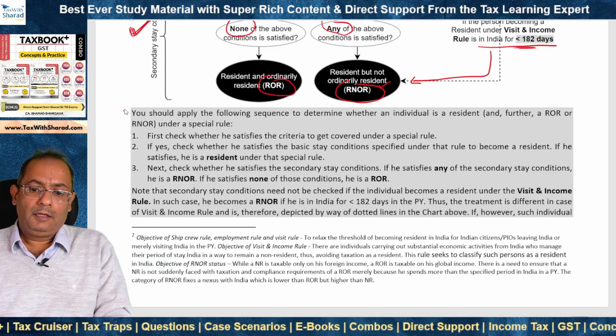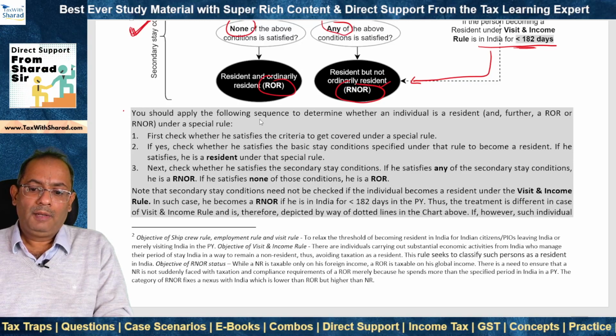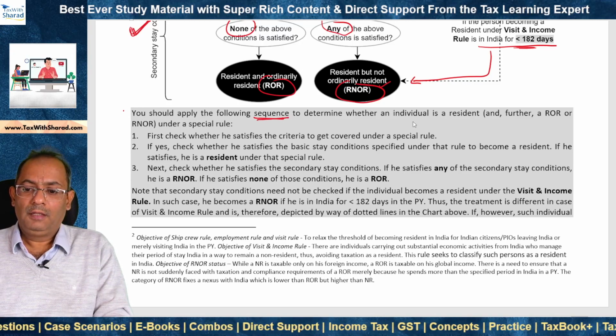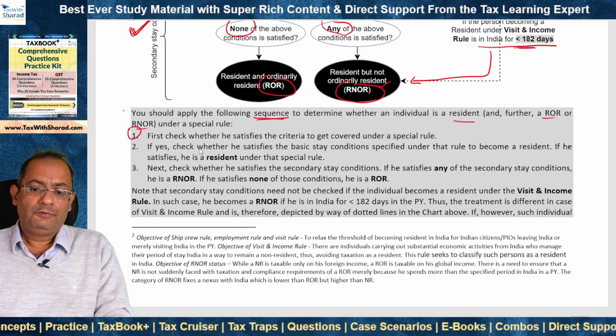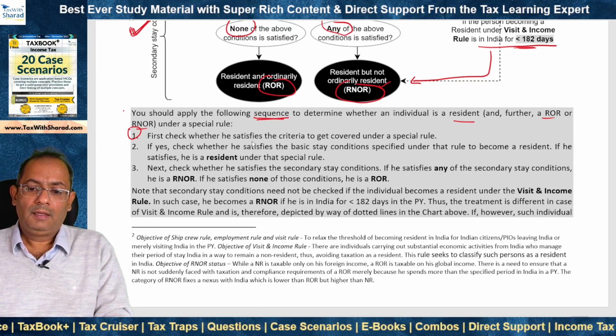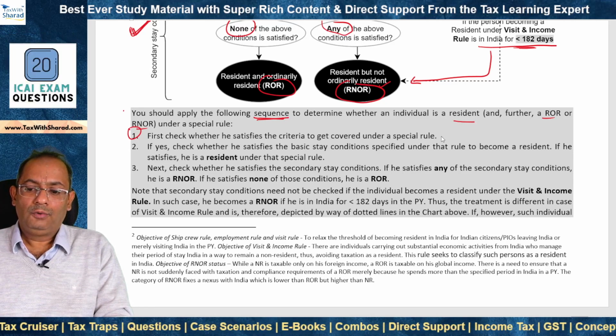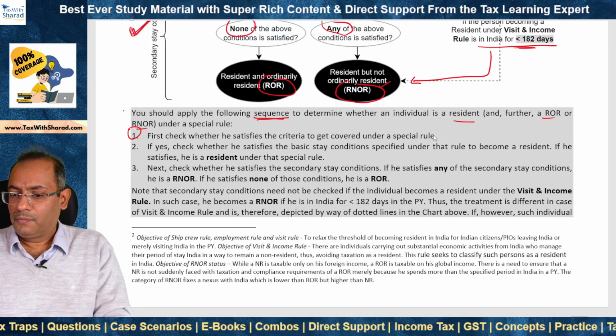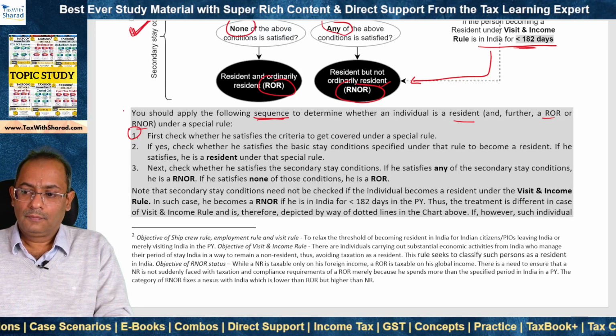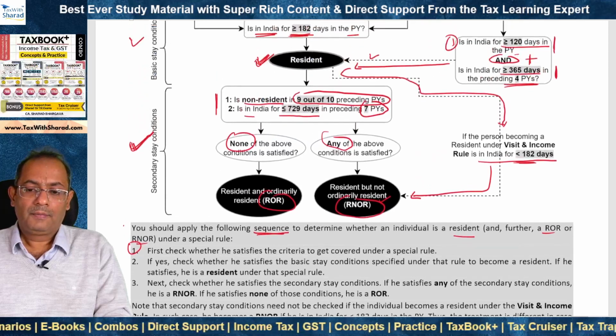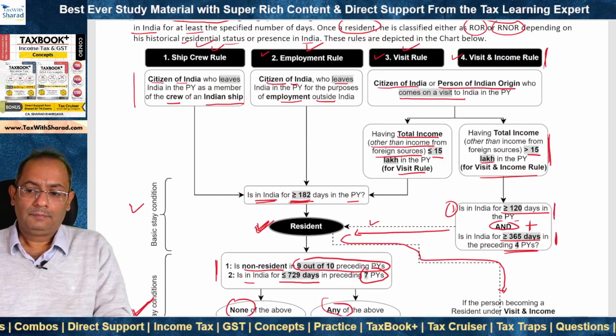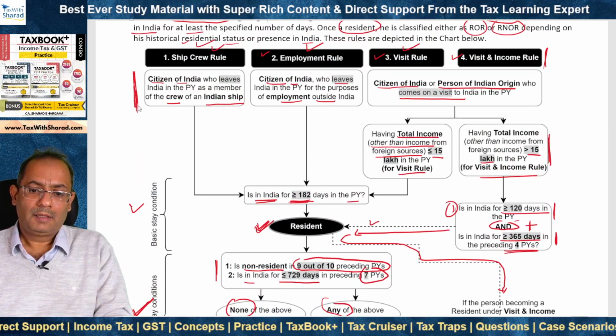In terms of steps to follow, you should apply the following sequence to determine whether an individual is a resident. Firstly, we need to check whether he satisfies the criteria to get covered under a special rule. So what is the criteria? The criteria is this criteria.